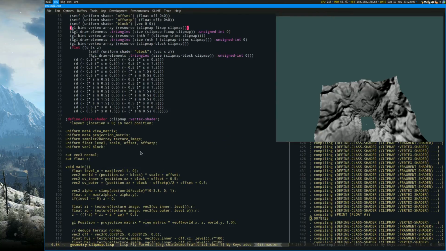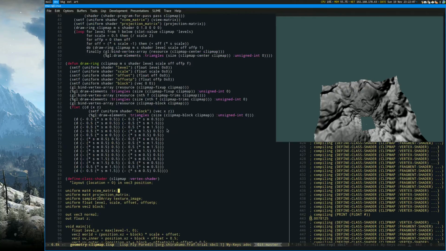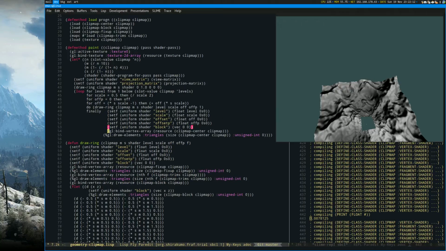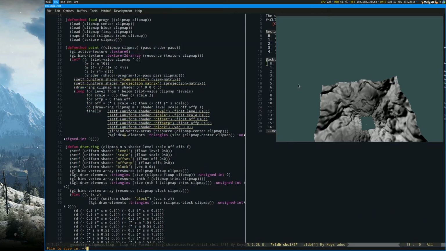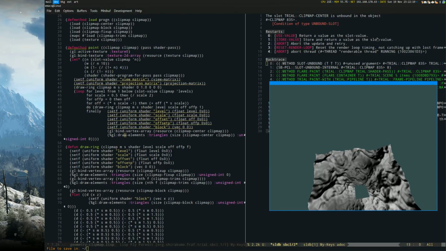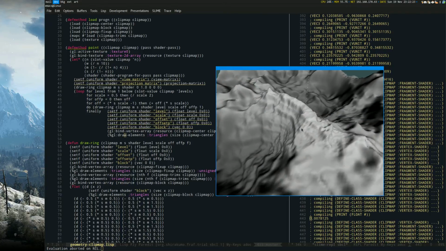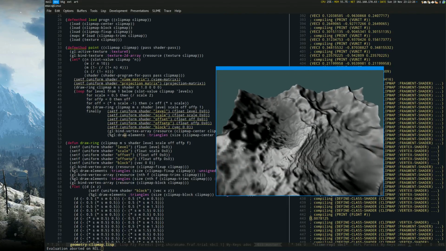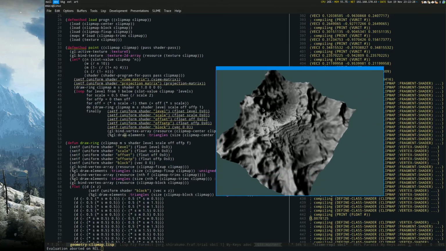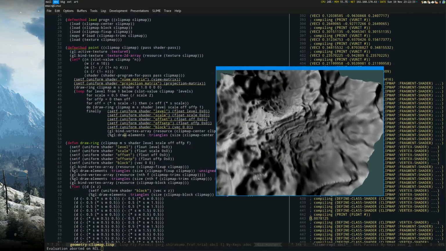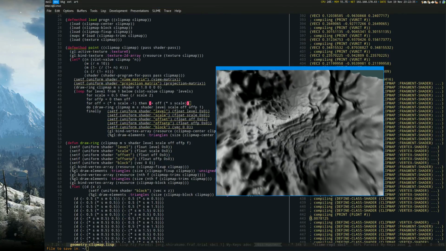Is the block even used for anything? It is. Oh, okay. Wow, first try. First try, idiot. Got it. Sweet.